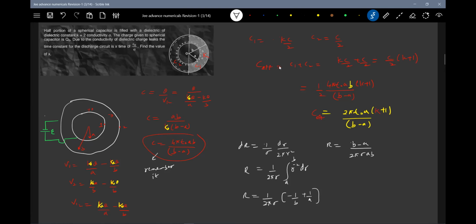Now what is the time constant? Time constant should be R into C effective. B minus A gets cancelled. Here AB, that I'll rewrite.